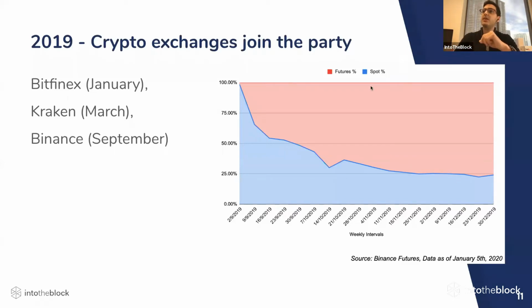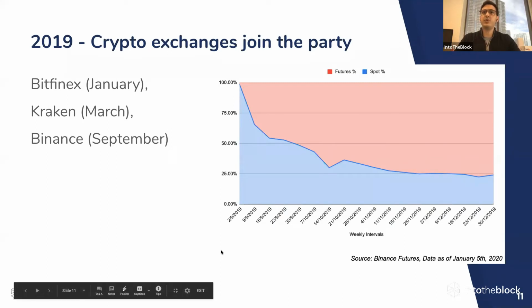In just 3 months since the launch of Binance futures, 75% of the volume traded in Binance, which is one of the largest cryptocurrency exchanges, as you may know, is just futures trading. And this is a trend that is seen across the market, and we expect it to continue.